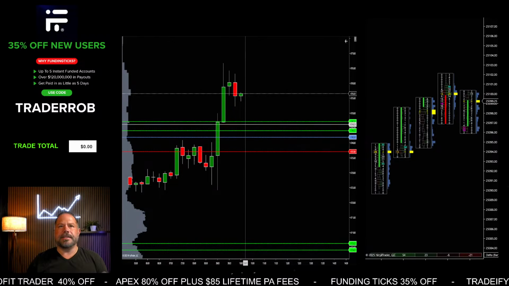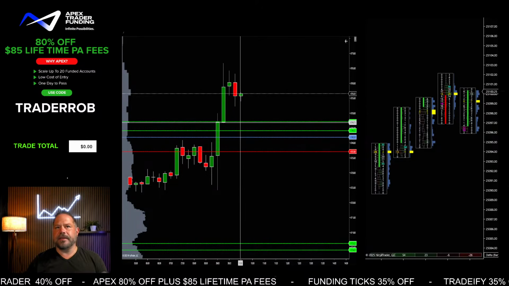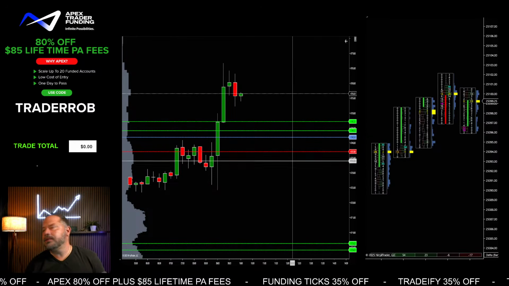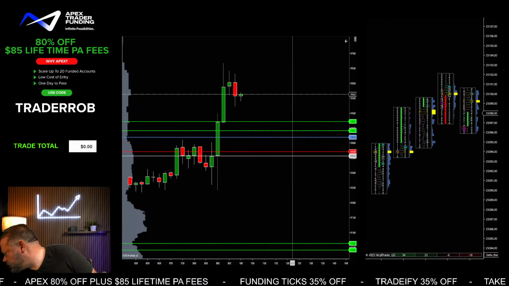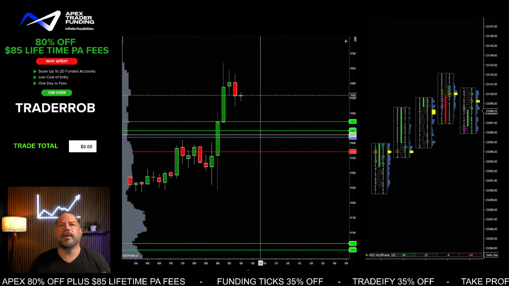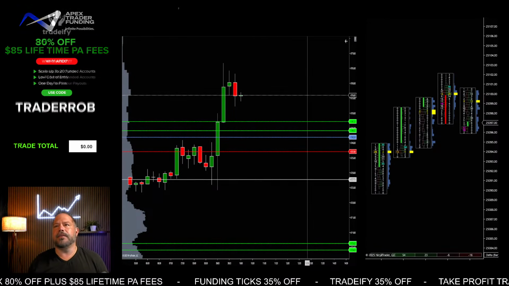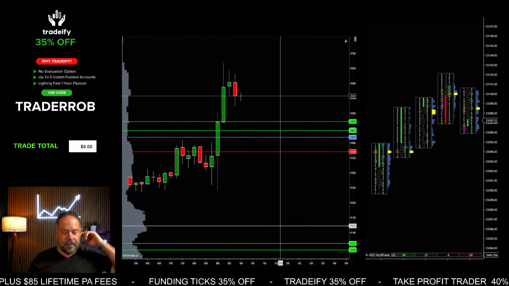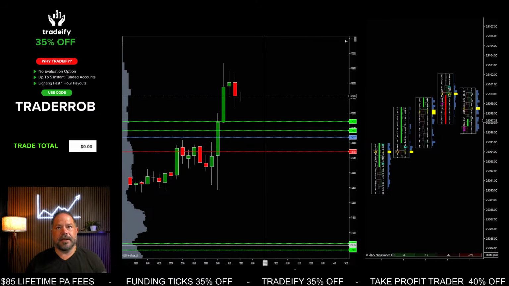So right around TP1, we should start to see some resistance here. Okay, building up some volume right here too at the 6742, so I'm going to be super interested in there. Give me a few minutes. Let me refresh my cup of coffee, and I'll be right back.